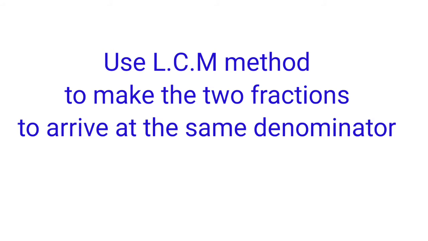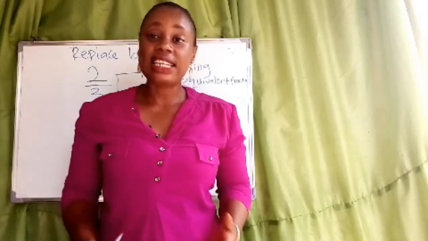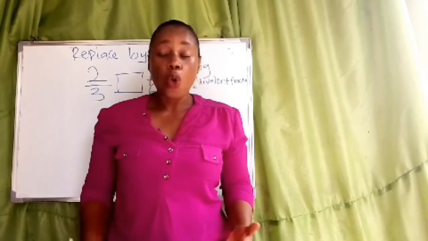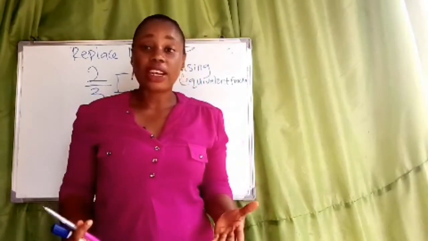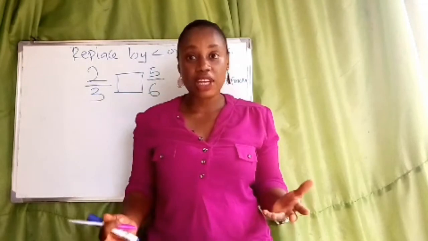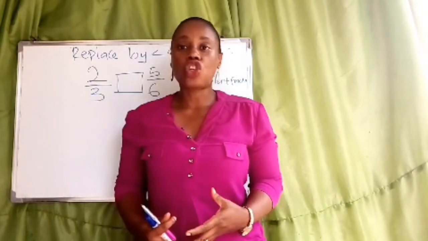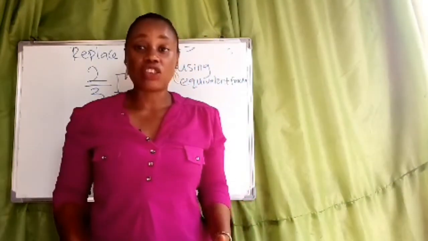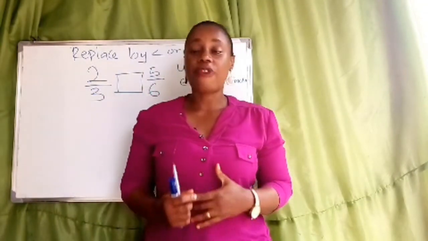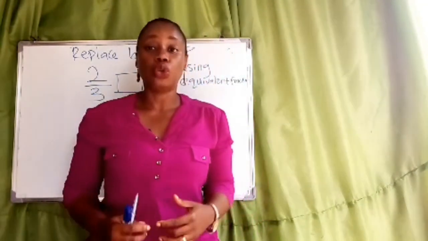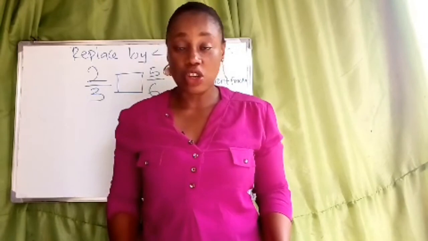To further explain that rule, there are fractions whose denominators are always different. When you have such fractions, you are the one to make the denominators the same. There are two methods of arriving at the same denominator. One is the equivalent fraction method, and method 2 is the LCM method.